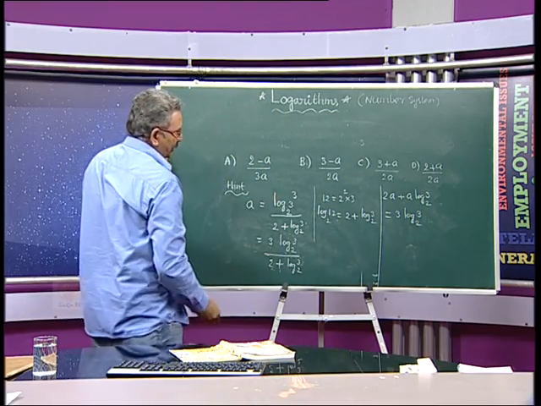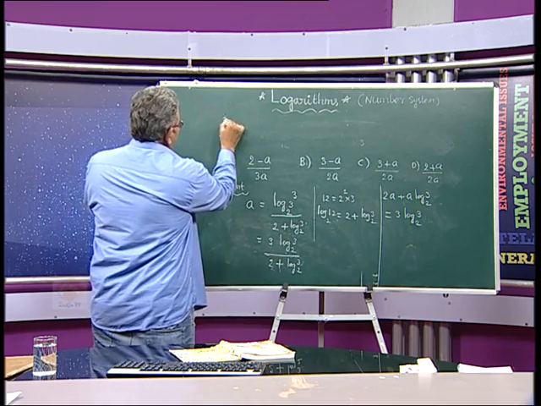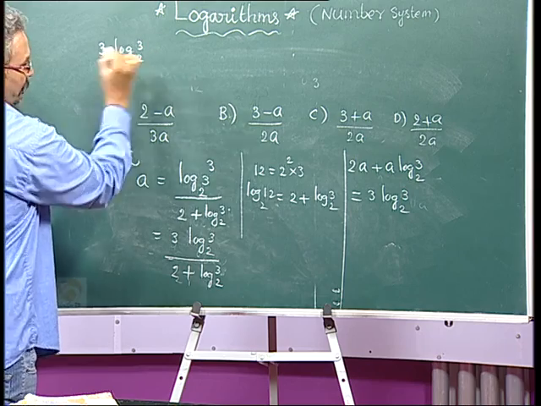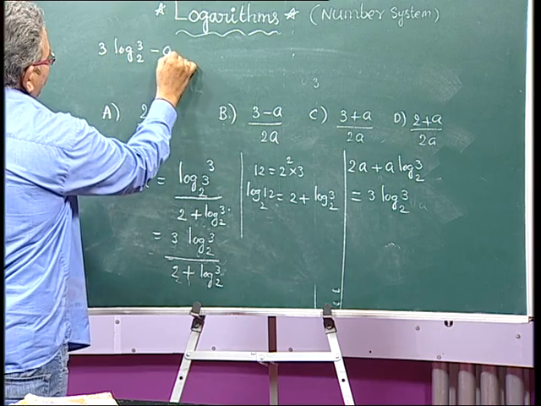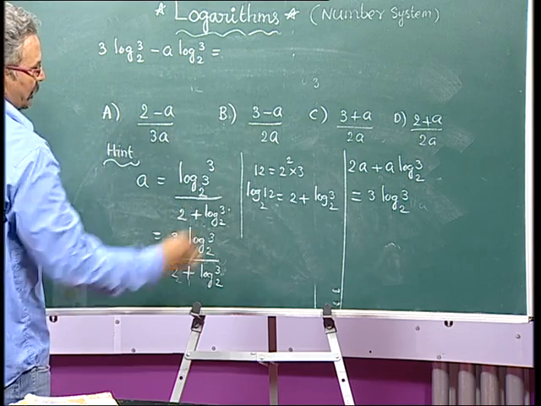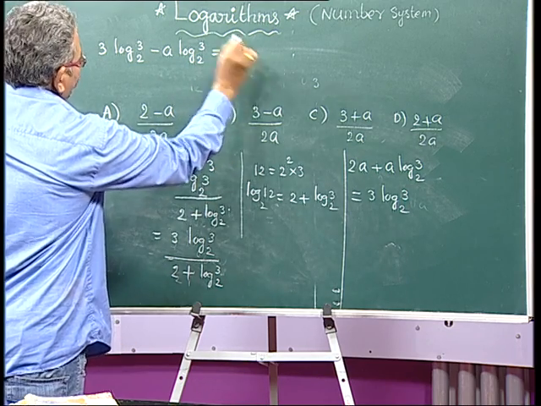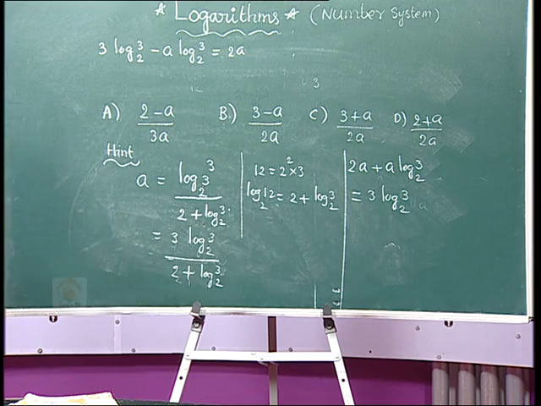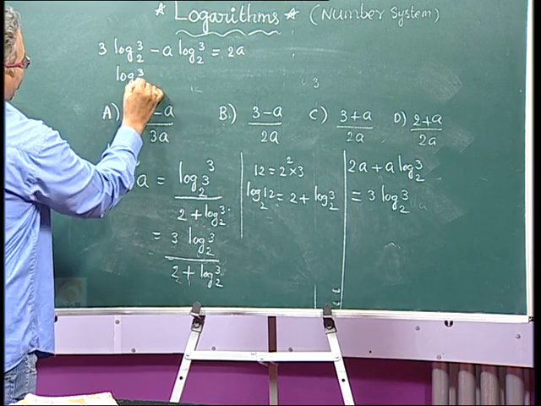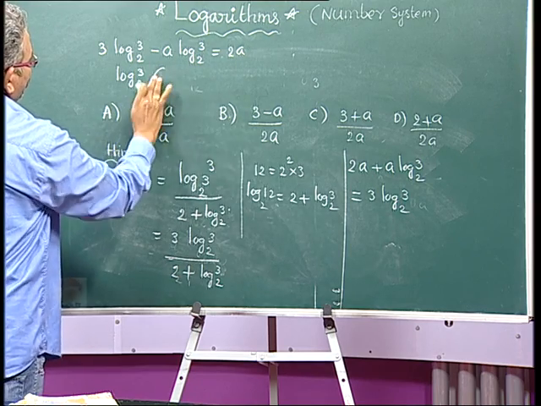Now, this can be written as 3 log 3 base 2 minus a log 3 base 2 is equal to 2a. Now, this log 3 base 2 is common, we get 3 minus a.